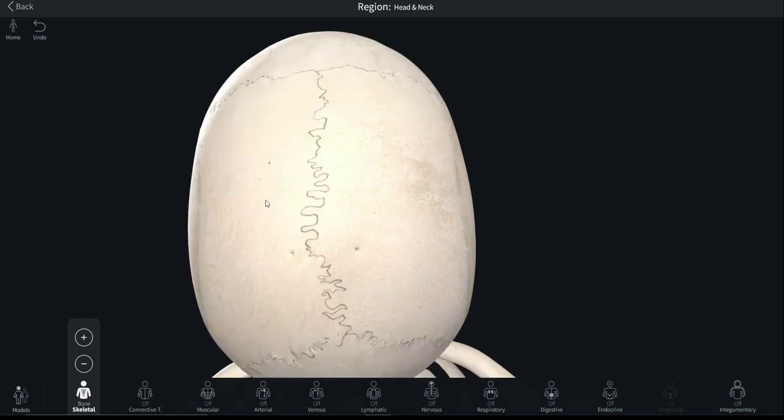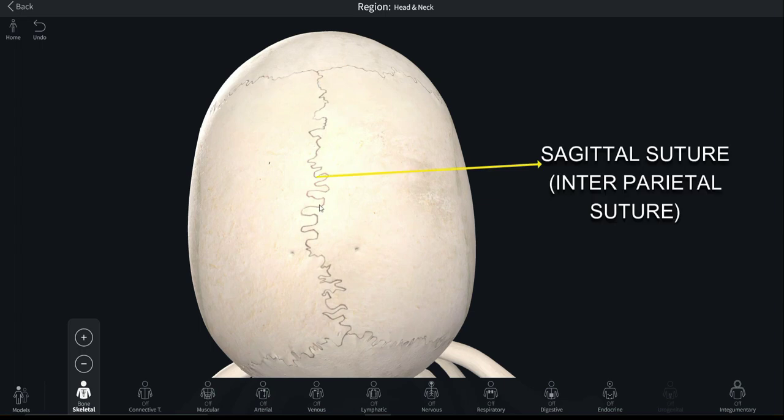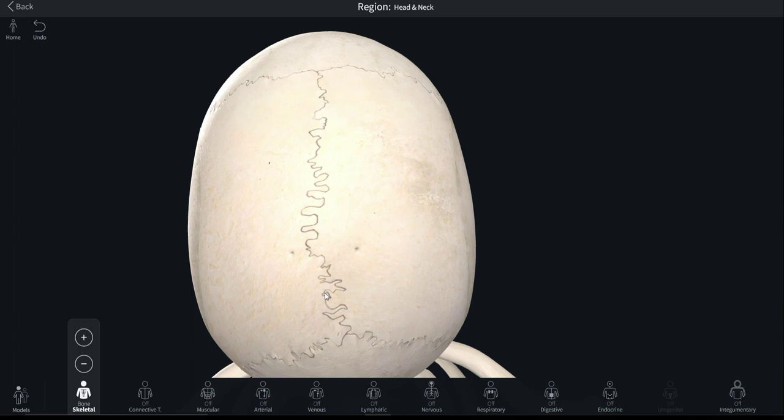See, this is the superior border of both the parietal bones. So, this is the articulation between the two parietal bones, right? Here, this is the anterior border of the parietal bone. We will be talking about it in a short while.